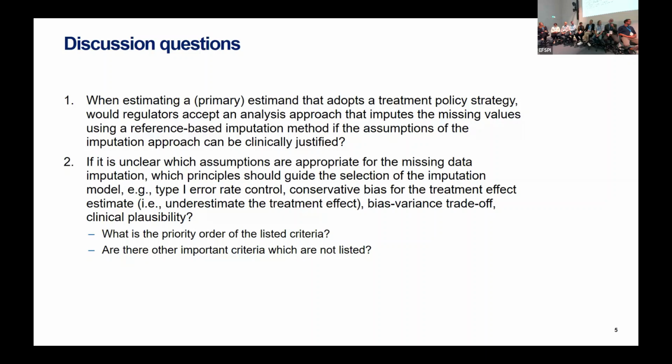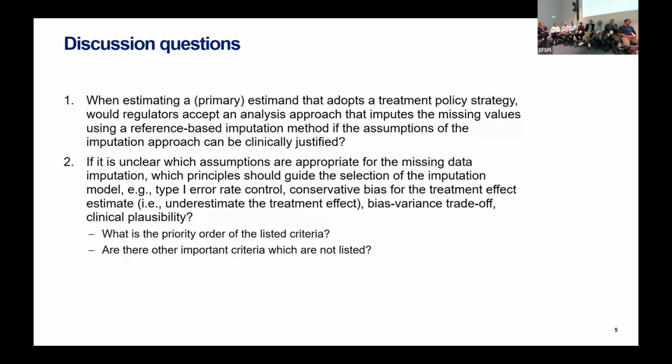Would it be different between the two treatment arms? That helps you decide which imputation method you want to choose. And then the statistical properties come after. I think the clinical setting and the impact of what happens if you stop treatment comes first.